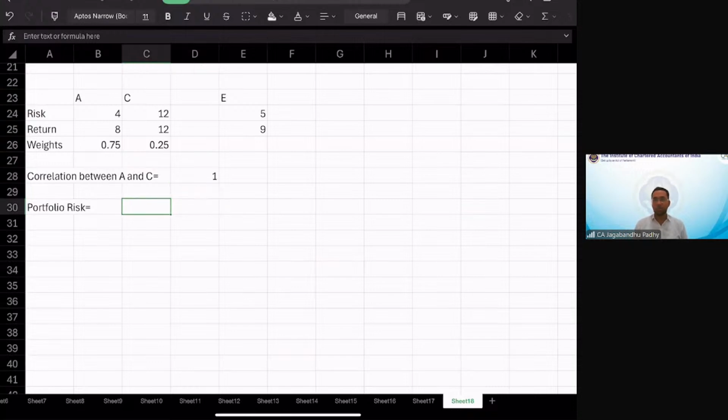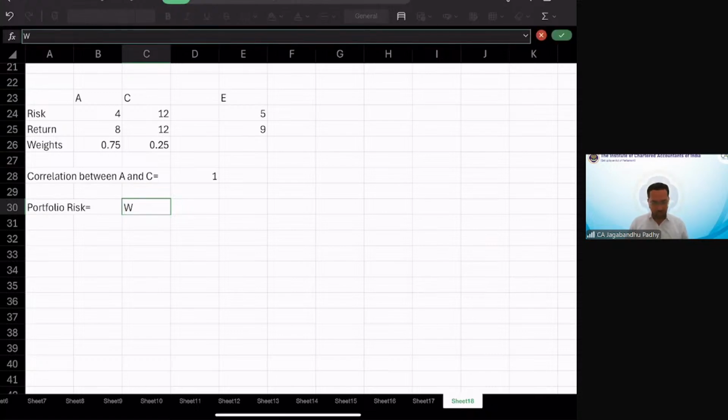If it's perfect correlation, how can we compute the portfolio risk, guys? Should I use the entire Markowitz formula again? Or do we have a shortcut for that? Since the correlation is 1, you can use the weights, directly weighted average, right?